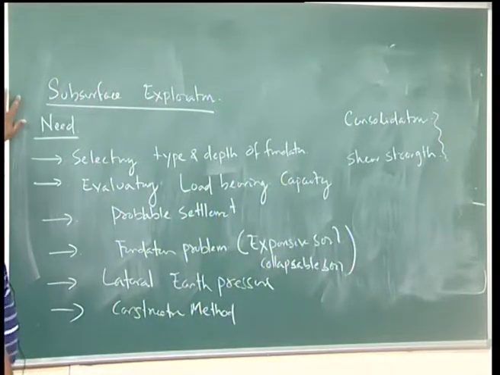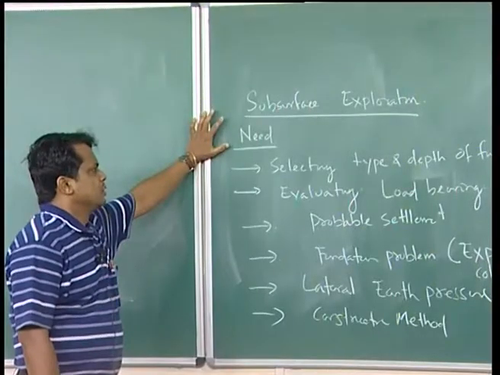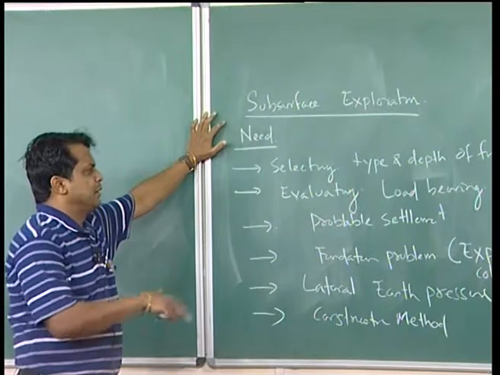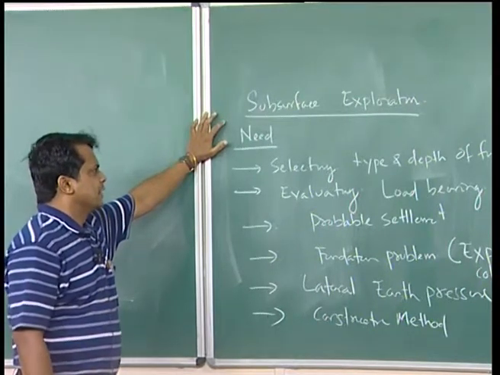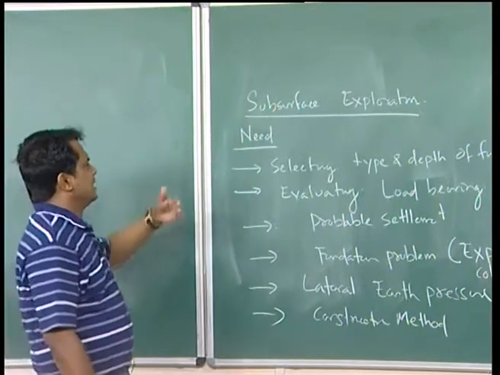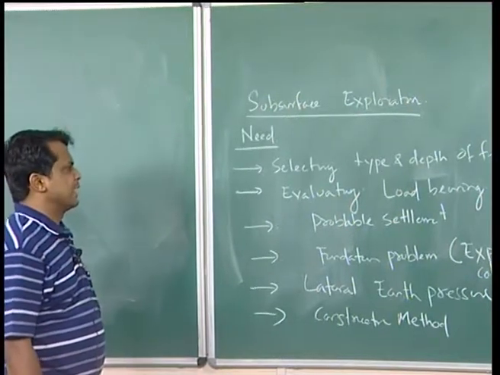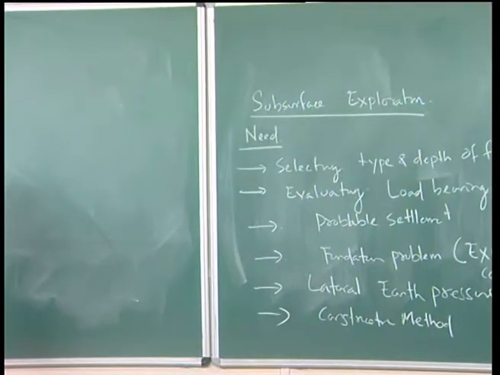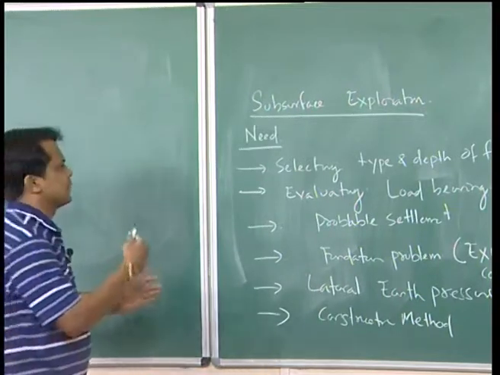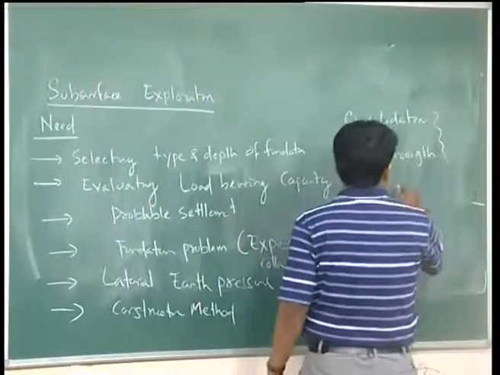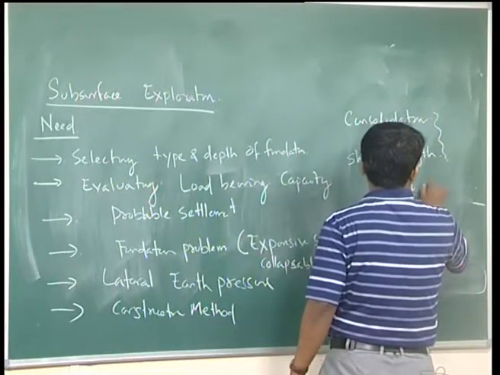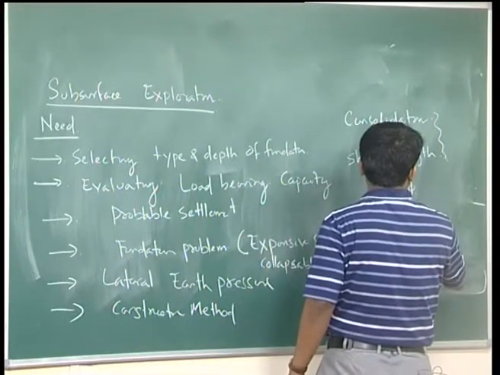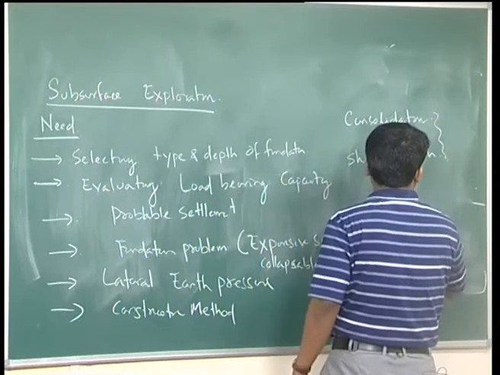Subsoil exploration is required to take soil samples below the ground, so that you can test exactly in the laboratory considering this site condition or field condition, so that you can get design parameters. So, what is that need? You can get soil samples from subsoil exploration, and from there you will get C, phi, these are shear strength parameters, and the coefficient of consolidation, Cv and Cc.